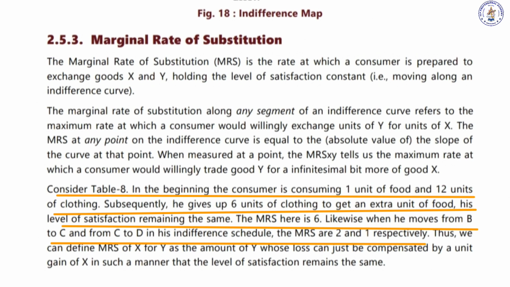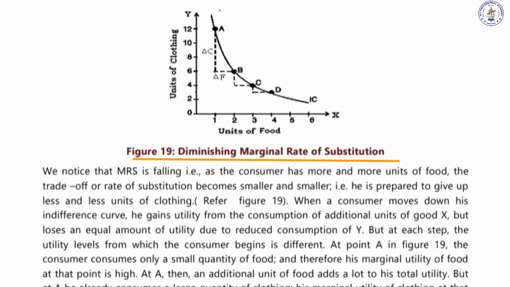The same has been explained in the case of Figure 19. Here you can see the diminishing marginal rate of substitution. What is diminishing marginal rate of substitution? For the first unit, he is ready to give 6 units of clothing to get 1 unit of food.